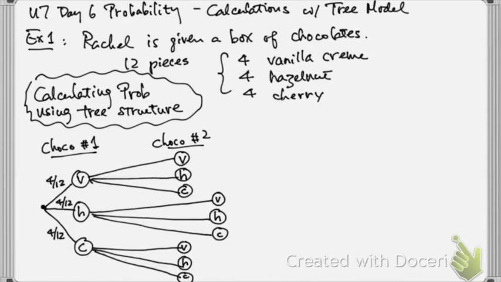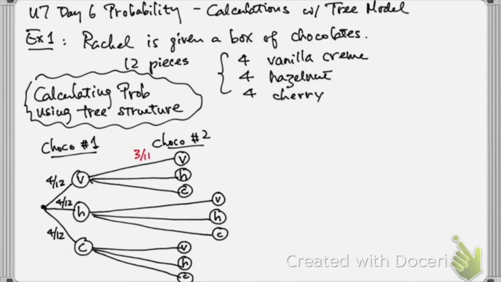Now, the second situation is going to require some adjustment. Why? Because if she gets the first piece being vanilla, now how many pieces of vanilla are left? There are only 3, right? And how many chocolates are left in total? 11, because 1 piece had been taken away. So the chance that she would choose a vanilla in the second event is going to be, let me use a different color, 3 out of 11.